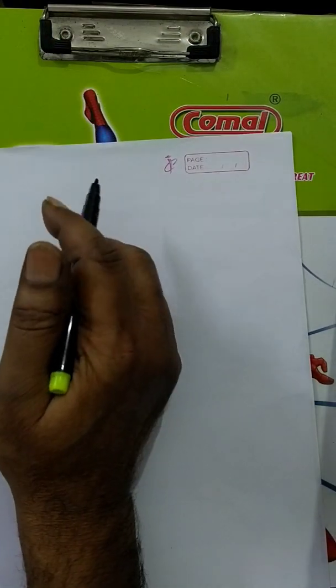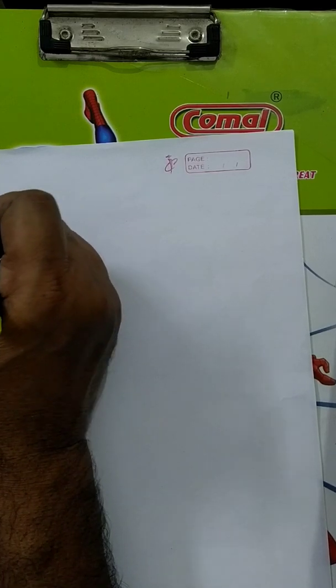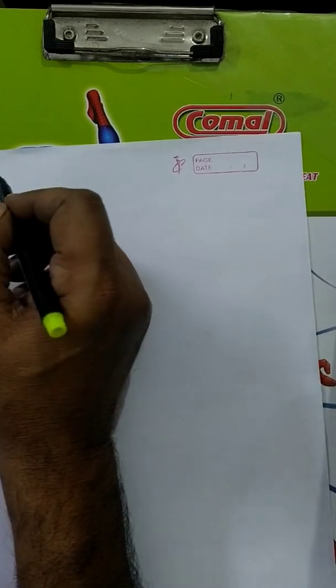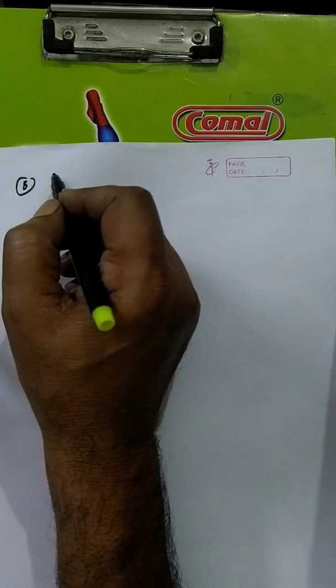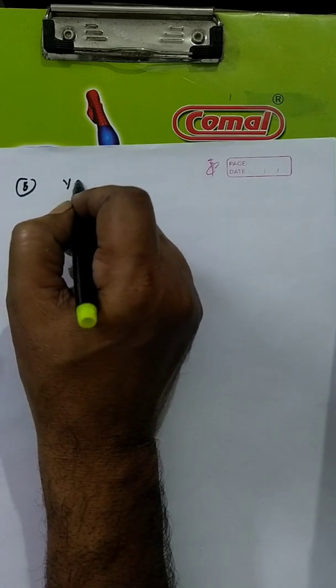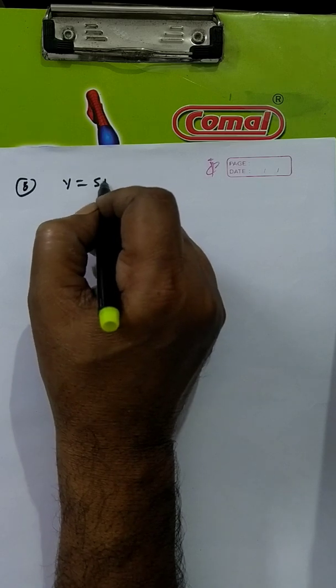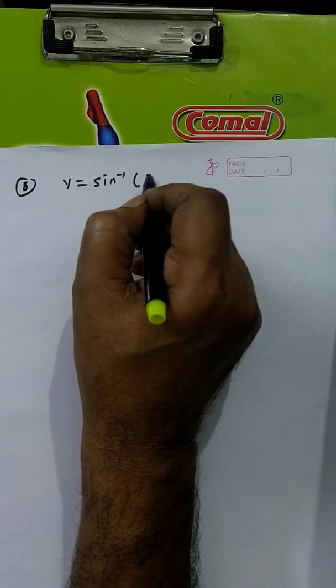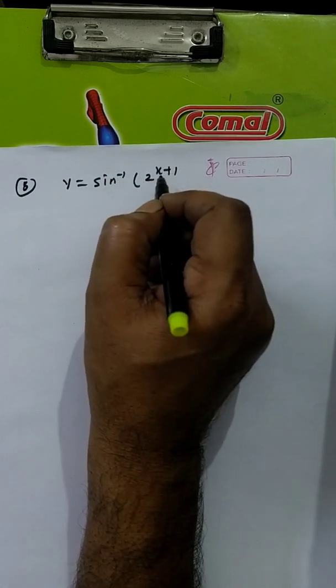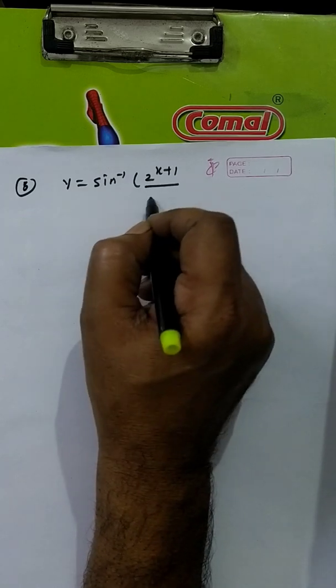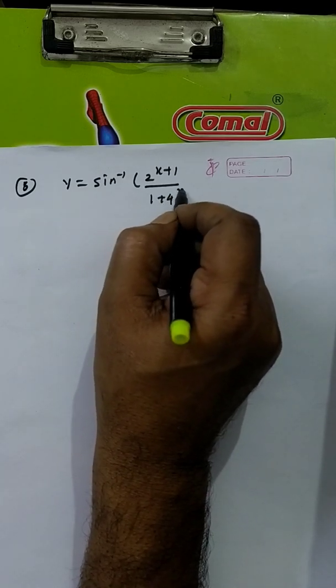y equals sine inverse of 2 raised to x plus 1 divided by 1 plus 4 raised to x.